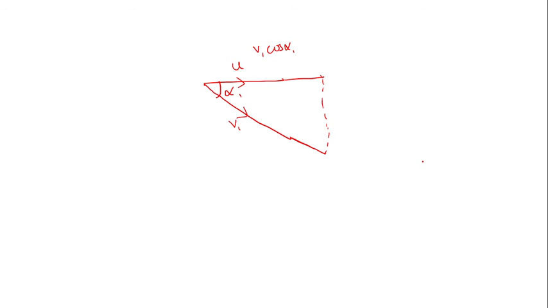So this is your V1 sin alpha 1, and this is your V1 cos alpha 1. Okay, so this was your U. From this point you have started with V1. From this point you need to start VR1, and this is your beta 1.